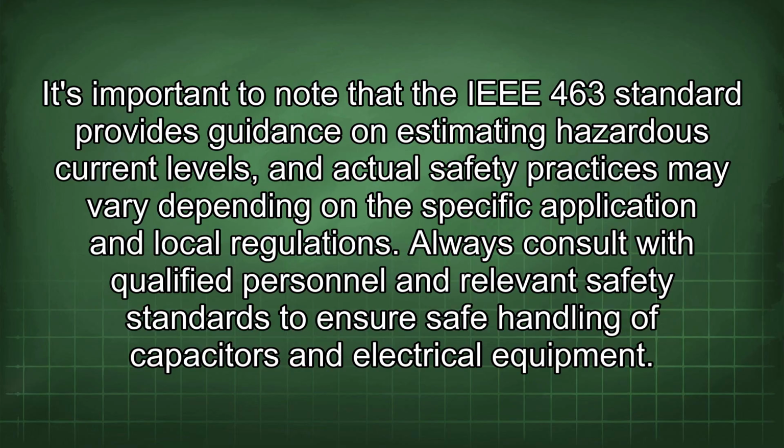It's important to note that the IEEE 463 standard provides guidance on estimating hazardous current levels, and actual safety practices may vary depending on the specific application and local regulations. Always consult with qualified personnel and relevant safety standards to ensure safe handling of capacitors and electrical equipment.